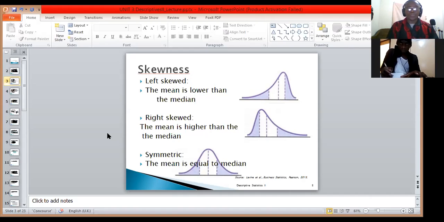One of the key issues to consider about skewness is the mean. If the mean is lower than the median, then your data is left skewed. If the mean is higher than the median, then the data is right skewed.